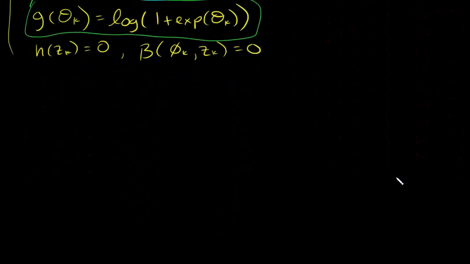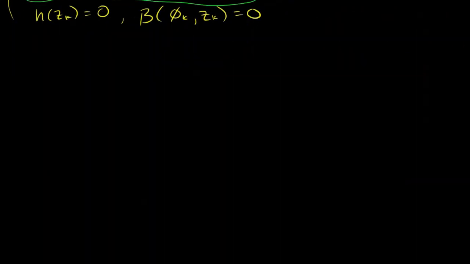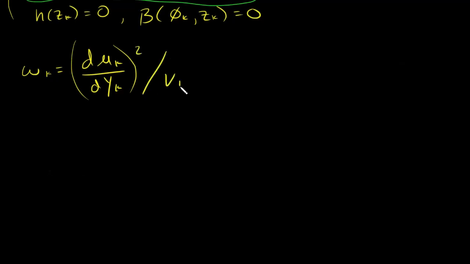So let me scroll down here. So the weights equal the derivative of mu with respect to capital Y, all right, squared, divided by vk. So we need to start with what is mu.